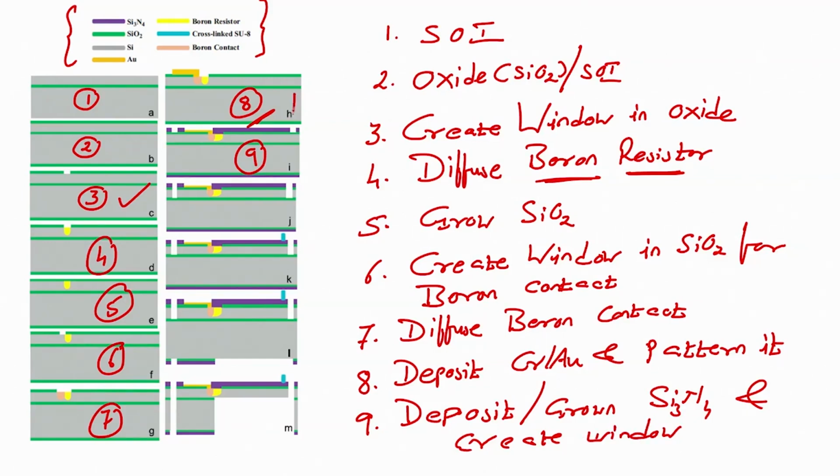You can see here, right, where we have grown silicon nitride and created a window. Step number 9. Okay. Now what? Next step would be you etch silicon dioxide and silicon. All right.